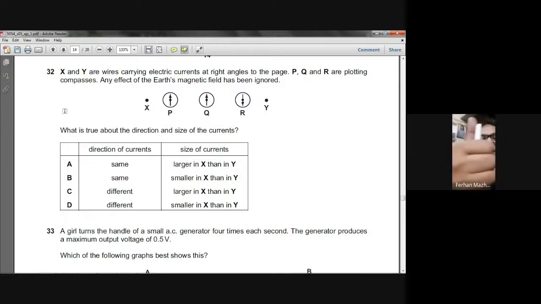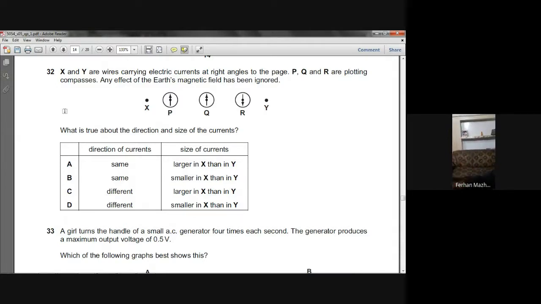Then the curls of my fingers will be telling me the direction of the magnetic field.